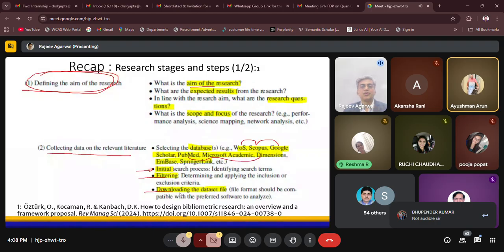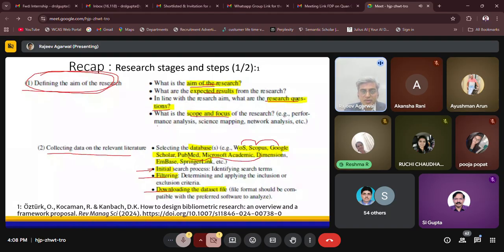You need to keep exploring based on this only. Aim, expected result, research questions. These research questions are very meticulously framed. Then what is my scope and focus?